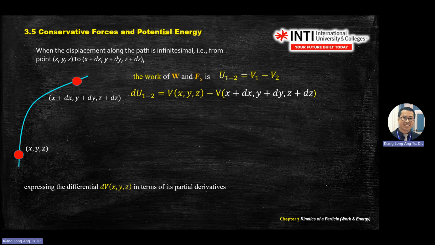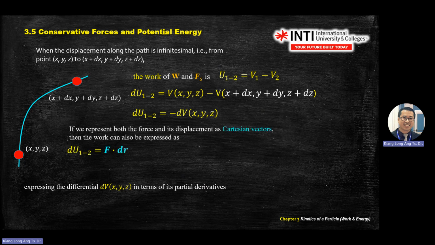It's still 1 minus 2, just in mathematical form. If you can't remember, it doesn't matter, not very important. You just need to recall the Cartesian vector analysis. If you're seeing three dimensions, you just write dU, or delta U from 1 to 2, equal to force multiplied by the distance traveled, F dot dr. Change your F into ijk, dr change to ijk also.